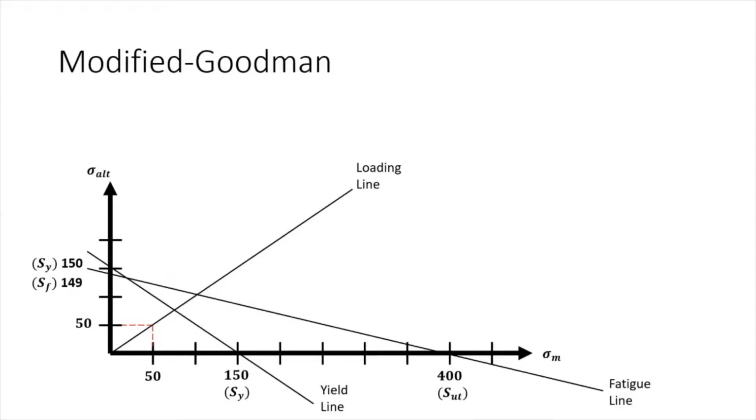Using the modified Goodman criteria, we can determine the reason for the failure. The line that our loading line intersects first will be the cause of the failure. In our case, our loading line intersects with the yield line first, so that means the failure is going to be due to yielding.